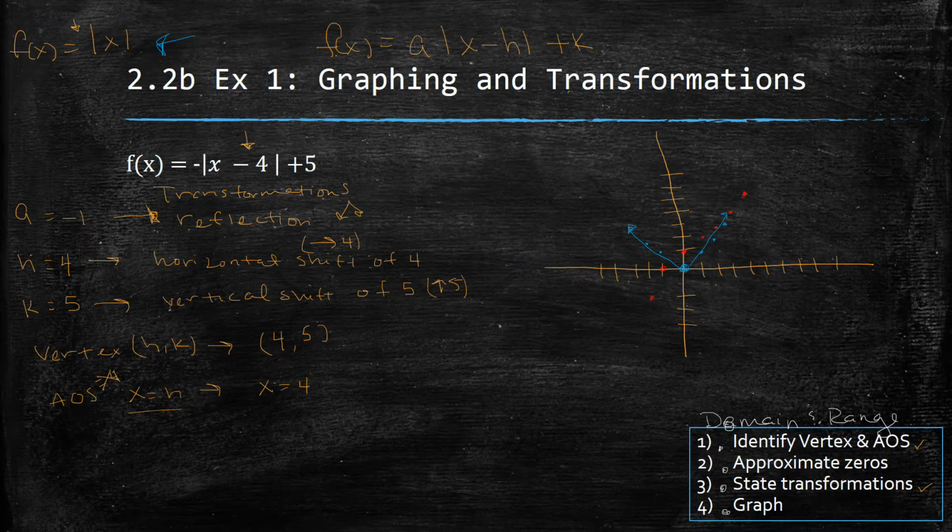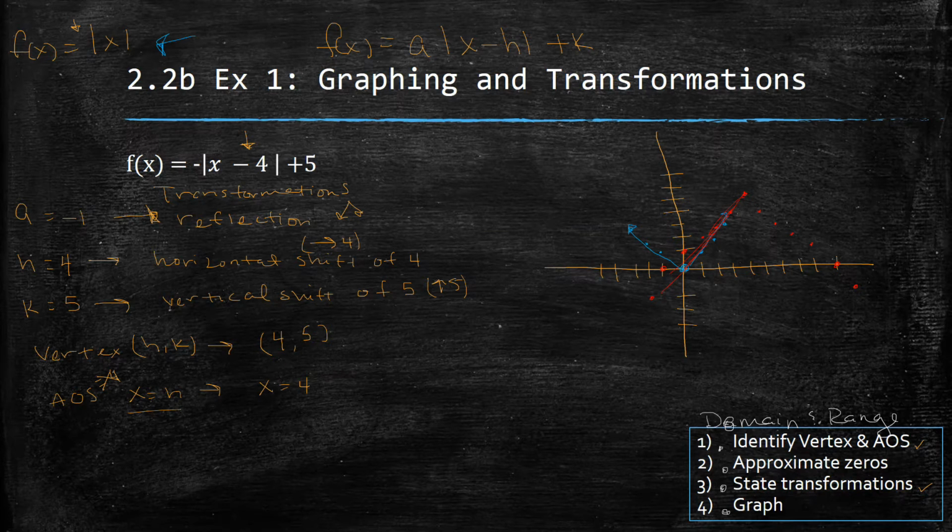Okay. And then in the other direction, down 1, over 1, down 1, over 1. Okay, and you want to go until you cross the x-axis. Okay, so right there. So then you can plot your graph.